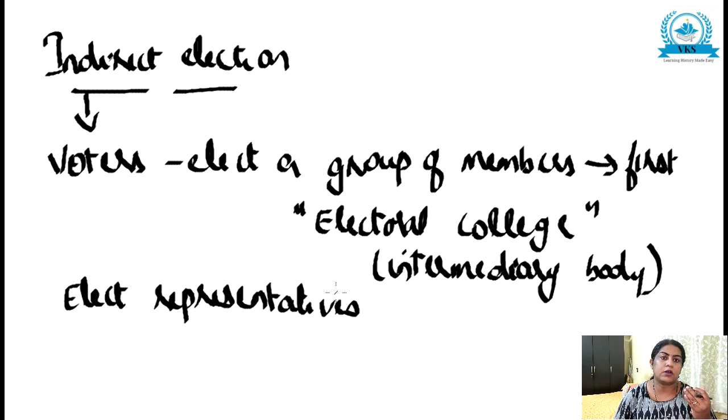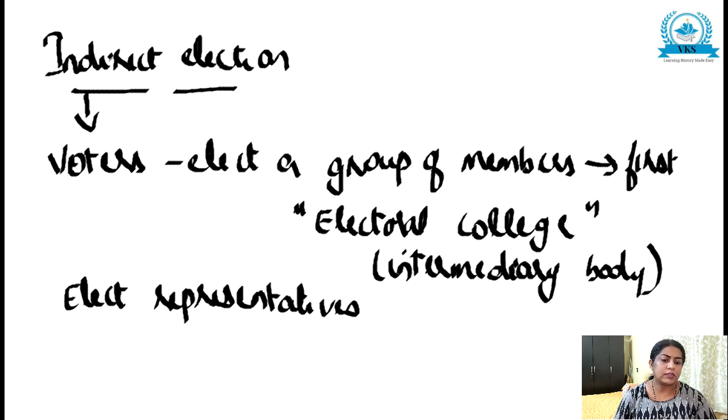This electoral college is an intermediary body, that is, in between. And this intermediary body later elects the representatives. So this form is called indirect election.